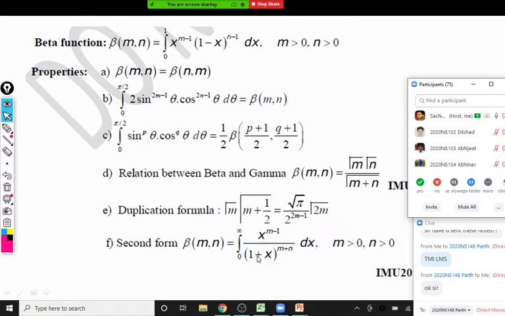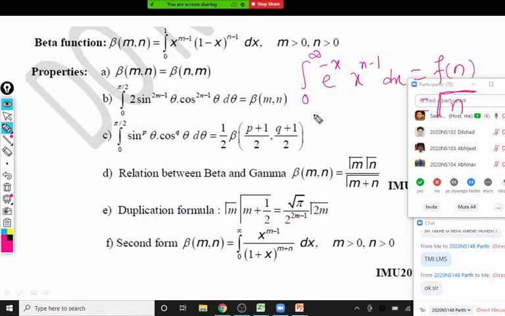Right now let me come to the definition first. What is a beta function? Like we discussed the gamma function, in gamma we said when we integrate an integral of this type, integral 0 to infinity e raised to minus x, x raised to n minus 1 dx, we're left with some function of n only, and that function of n we denote as gamma of n.